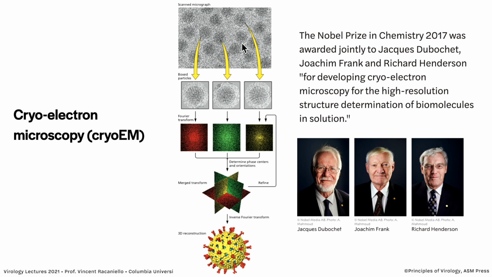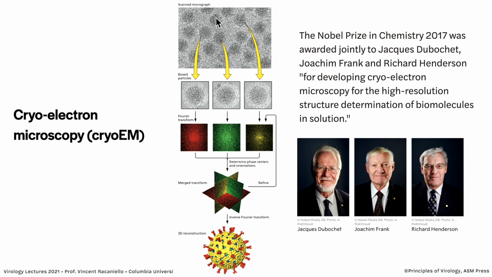And this whole way of doing this was awarded Nobel Prizes in 2017 to these 3 individuals, Dubochet, Frank, and Henderson. And they developed the technology for freezing in aqueous or vitreous water, for taking the pictures, and for using computational approaches to solve the structure. And Frank, of course, is up at the Columbia Medical Center.